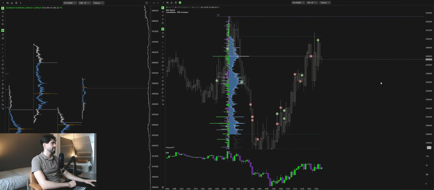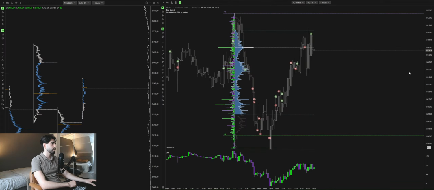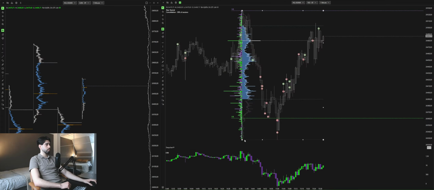Let's go black or white. This looks a little more cleaner.